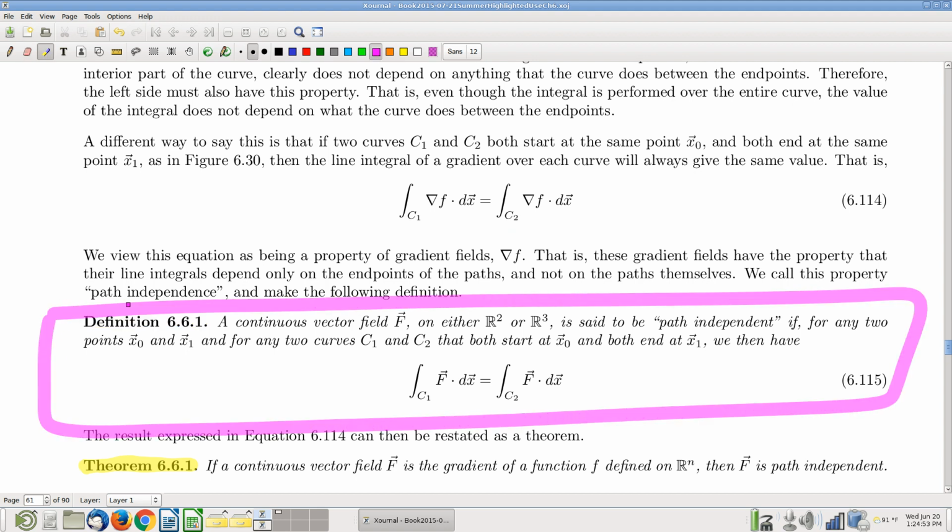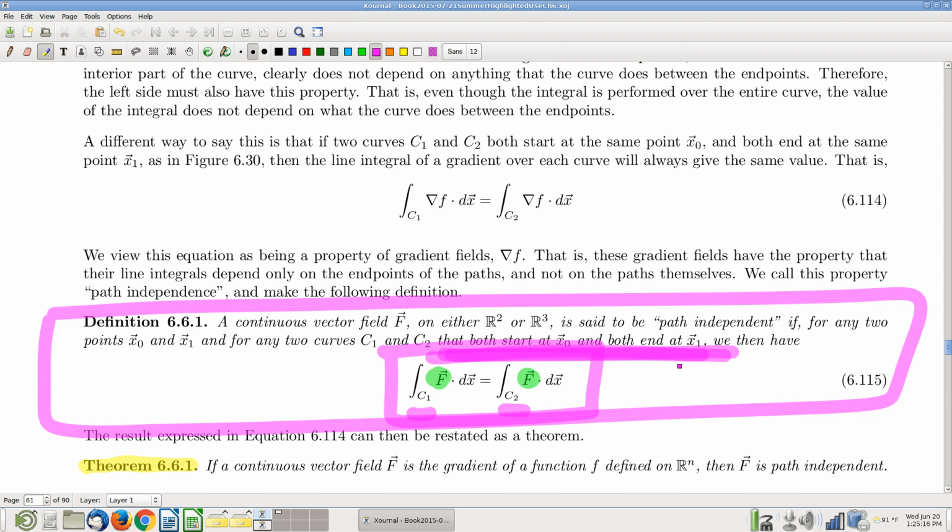So I'm going to state this in general. Any vector field, whatever it might be, that has the feature that the value of the line integral is the same no matter what path you take, as long as they start and end at the same points, we'll say that vector field is path independent.